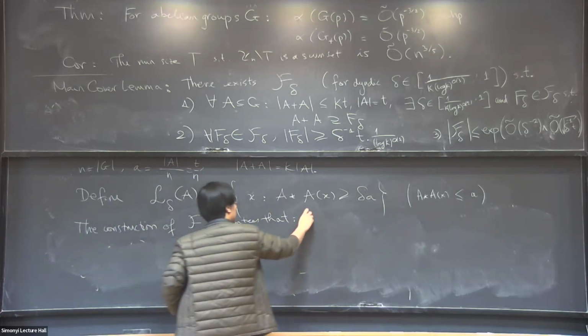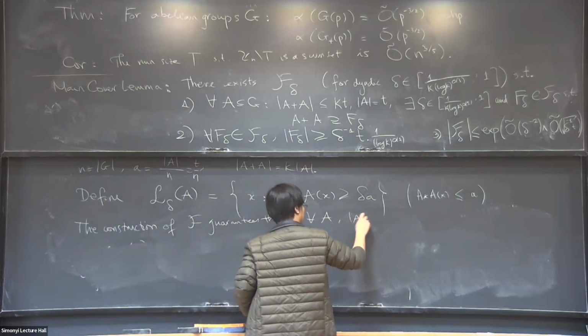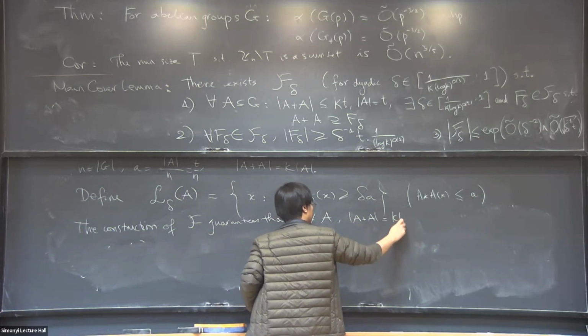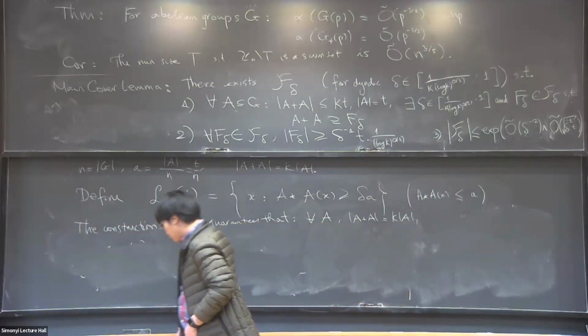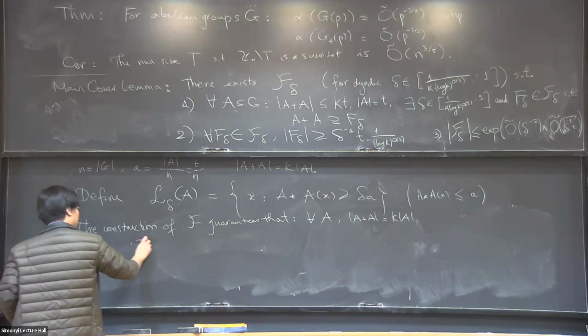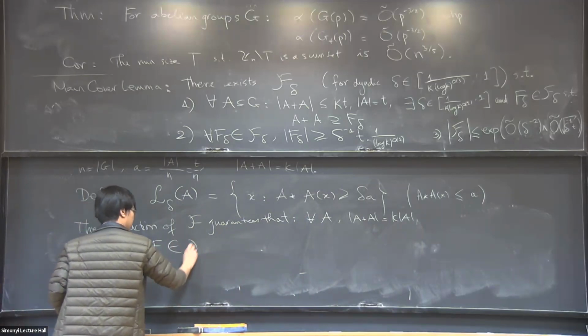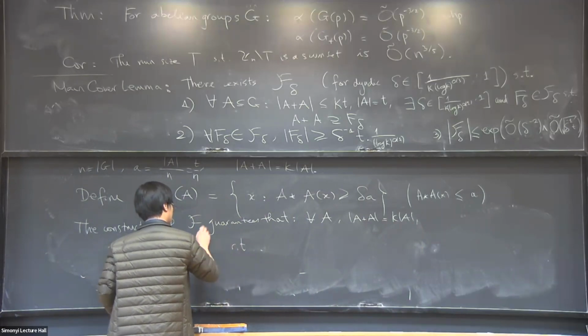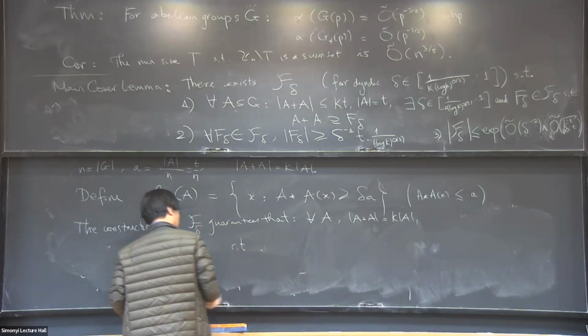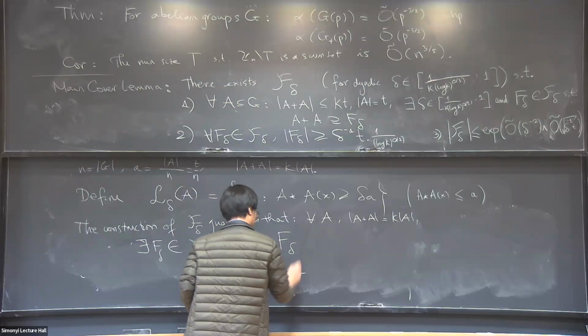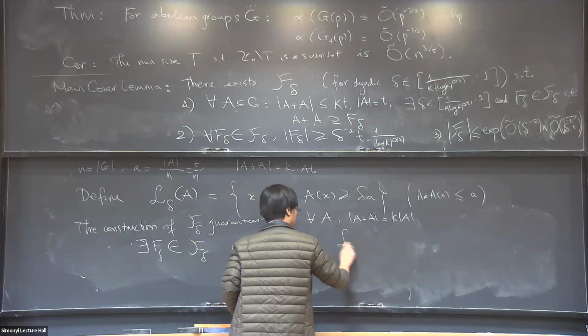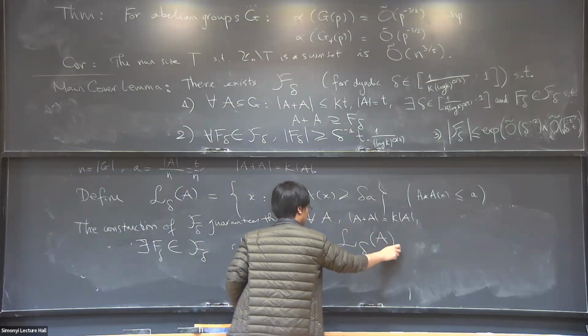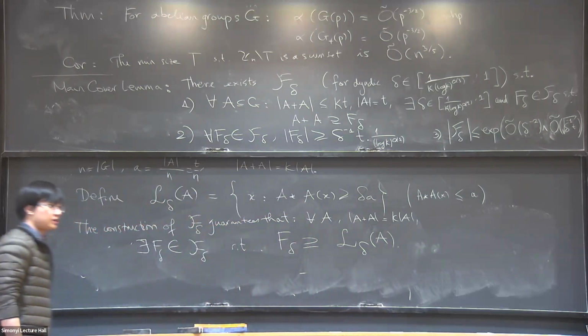For every A with doubling K, in both cases of the construction actually, there will be some set from our collection F such that this set F contains the large level set of the set A for some appropriate delta.